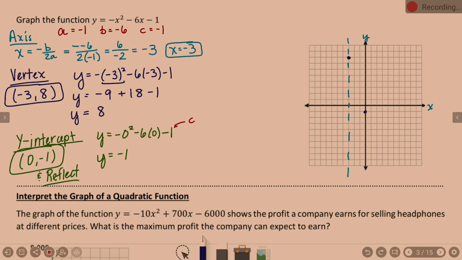If this point is 3 to the right of my axis of symmetry, where's the equivalent point? There's an equivalent point 3 to the left. Okay? And that, folks, is technically good enough. I know it's going to make it a little bit harder to draw a nice parabola, but that's technically good enough.